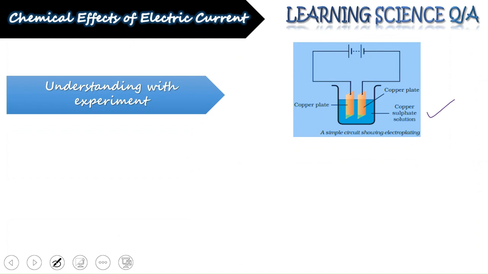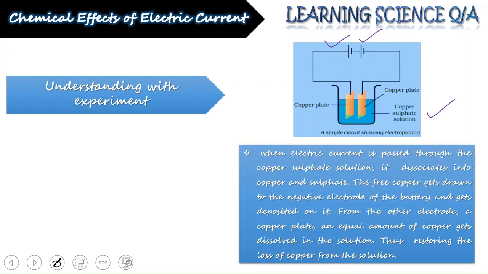We have two copper plates attached to the negative and positive terminals of the battery. When electric current is applied, the electrolytic solution, CuSO4 here, always remember, is made up of two parts: Cu2+ ion and SO4 2- ion.